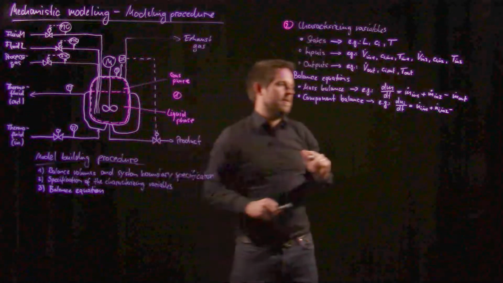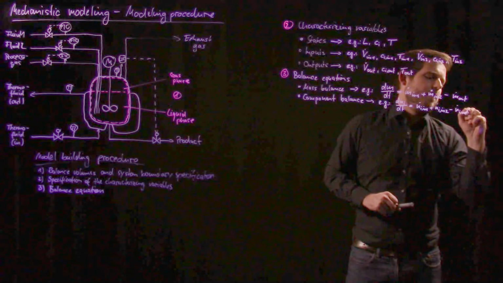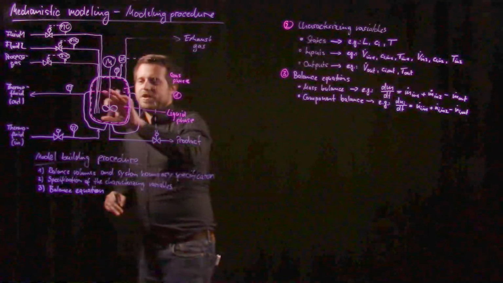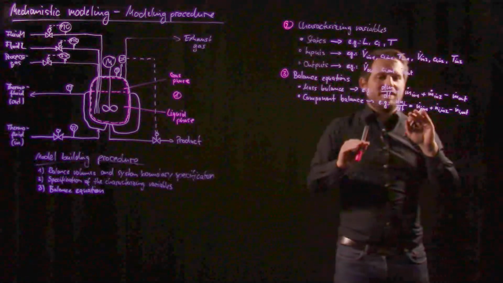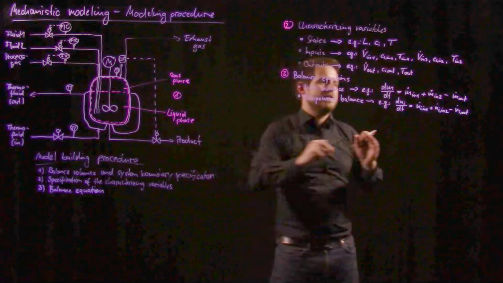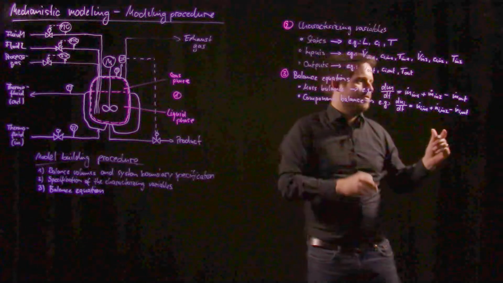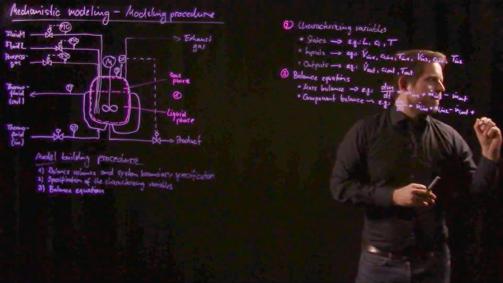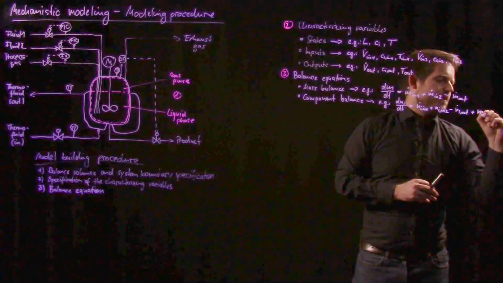This is again the flow out, so N dot i,out. And then we might have some kind of reactions within the system that change the amount of species i as well. So it's not just flowing in and flowing out, it's also changing into another species maybe. And therefore we also need a term that accounts for this reaction influence, and this is i_R, like that in the example.